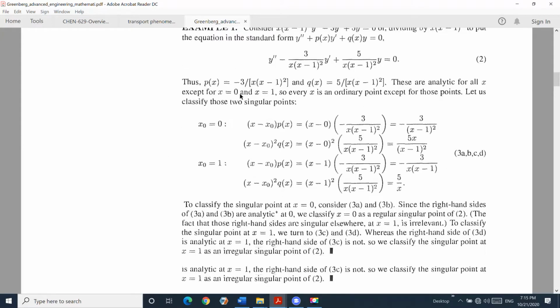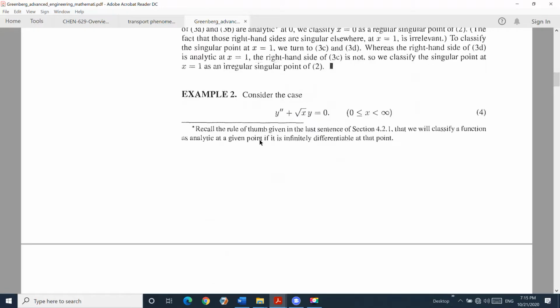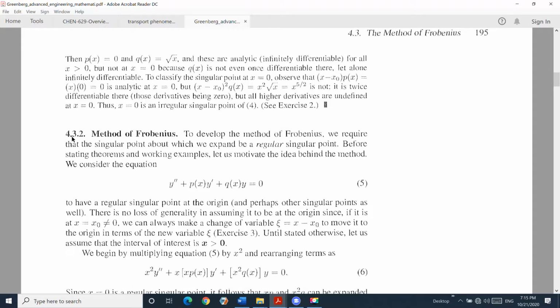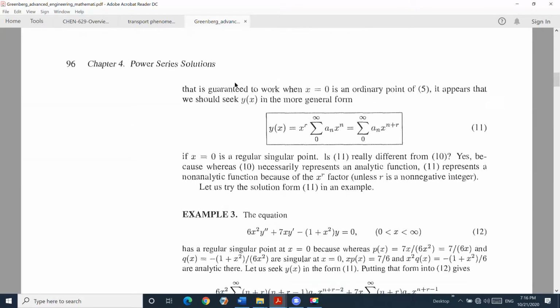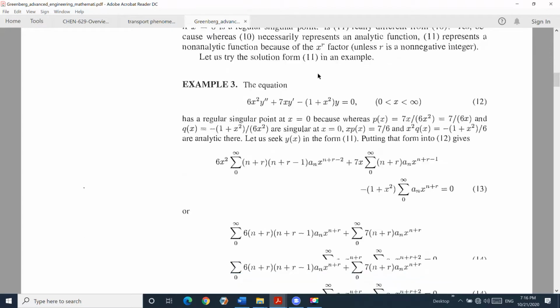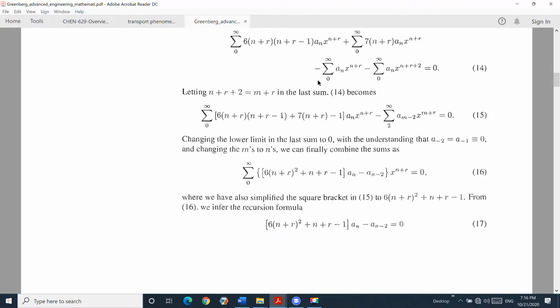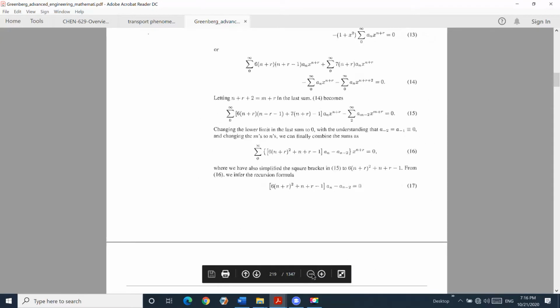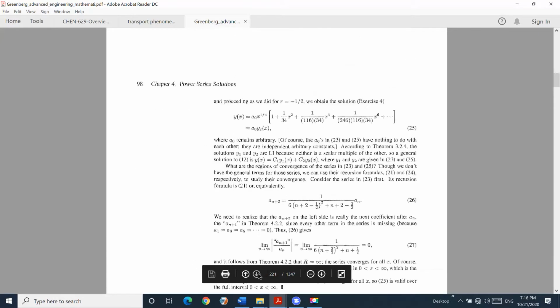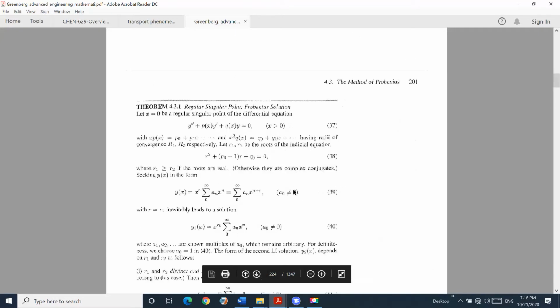Let's give the definition here. Then this section, section 4.3.2, gives the method of Frobenius for the solution of differential equations. Here you see the solution example.